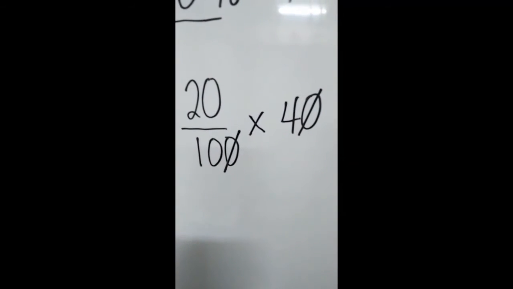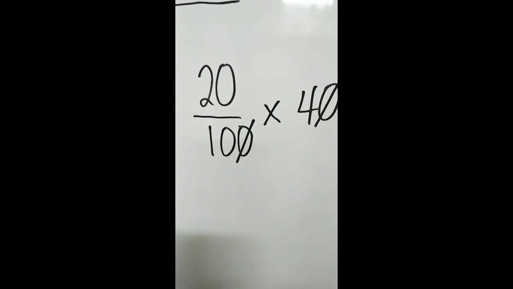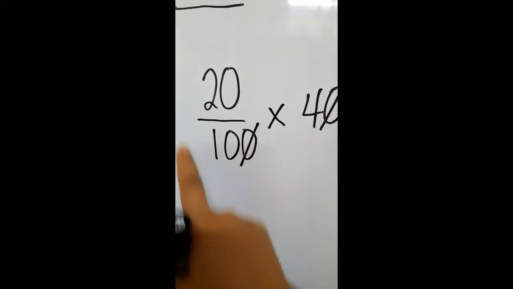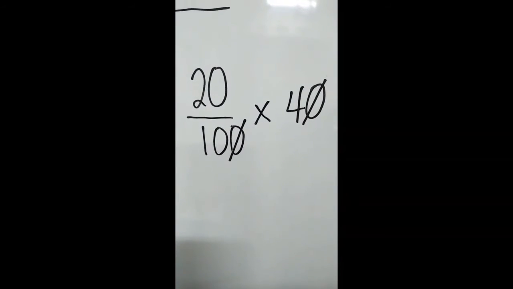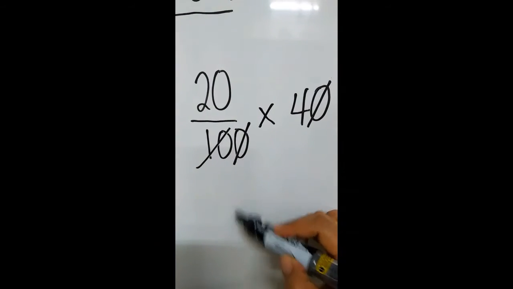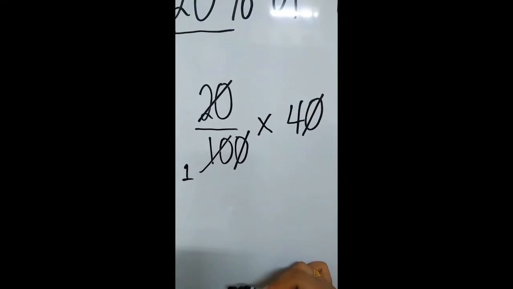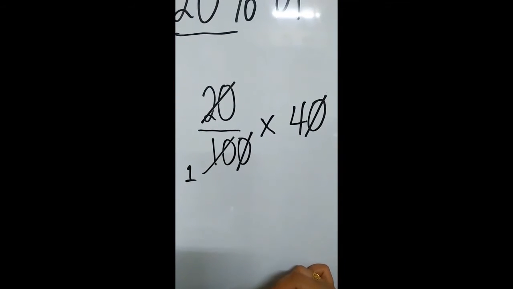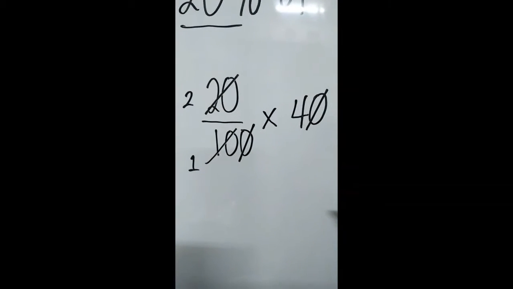Is there any number that we can simplify? Yes, we can simplify 20 and 10 by dividing by what number? Dividing by 10. So, 10 divided by 10 is equal to 1. 20 divided by 10 is equal to 2. What are the remaining numbers?